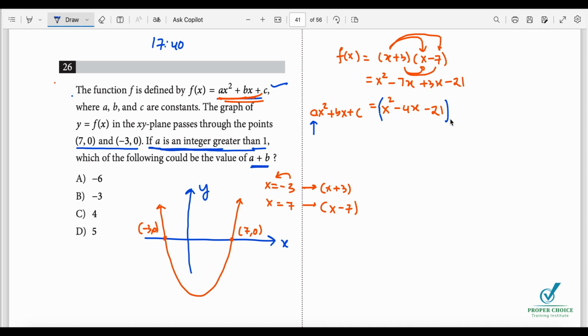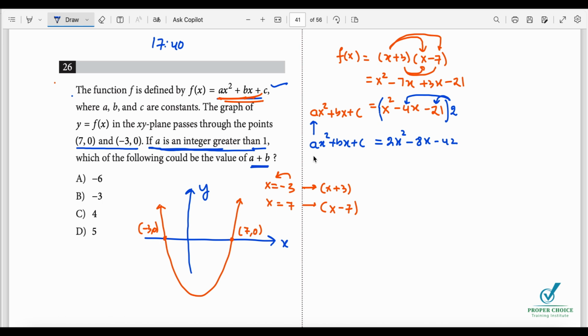So I just try to multiply with the smallest value of a, assuming that it's supposed to be 2. Then distribute it carefully. Each and every term you multiply and check. So 2 multiplied by x squared is 2x squared. 2 multiplied with negative 4x is negative 8x. 2 multiplied by negative 21 is negative 42. So compare with the standard equation ax squared plus bx plus c.